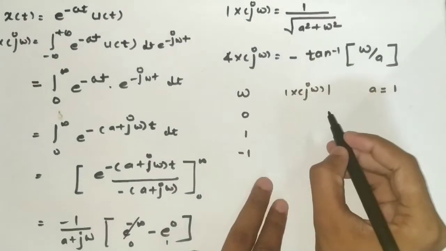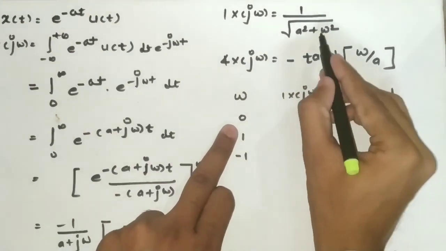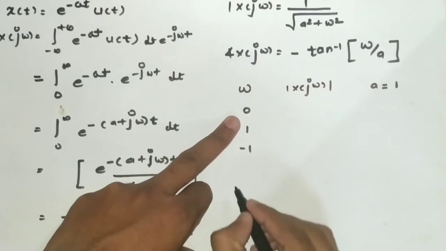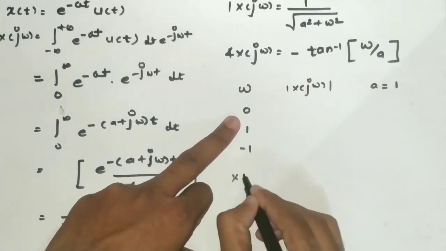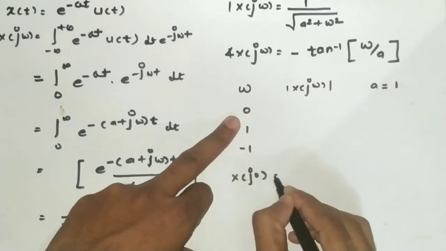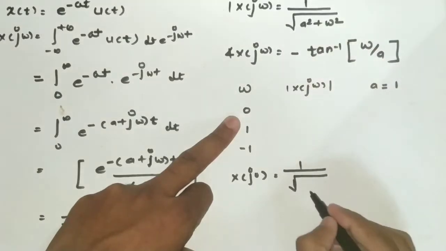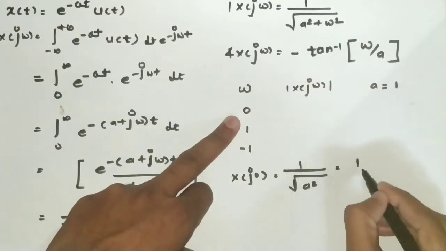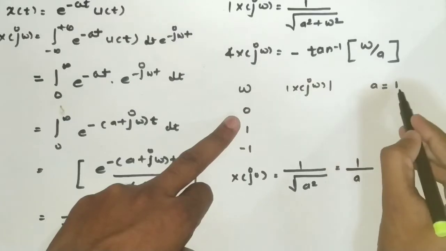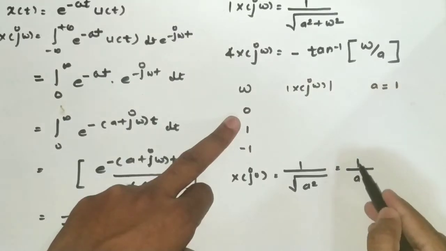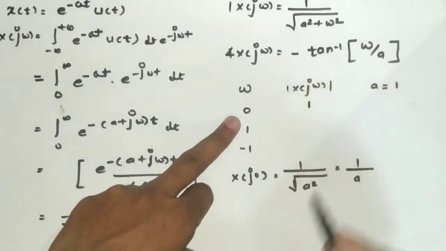Now when we put the first value, omega 0, in this equation, we get X(j0) equals 1 by under root, omega is 0, so we get only a square, that will be 1 divided by a. We have considered a as 1, so I get this value as 1.